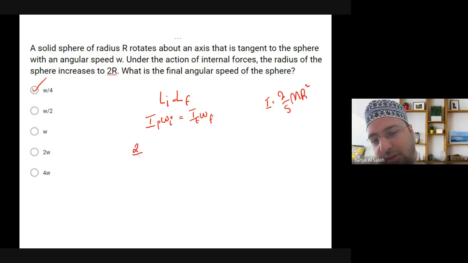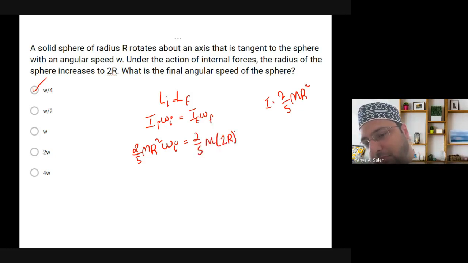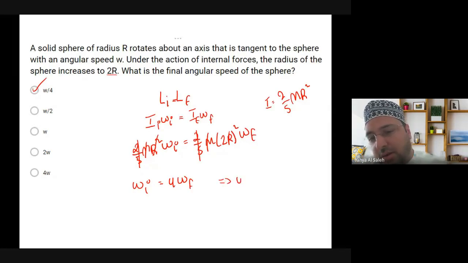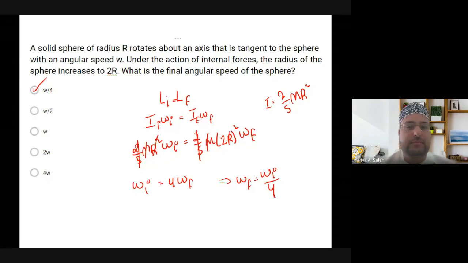So we'll have 2/5 m r squared omega_i equals, it becomes 2r, so 2/5 m (2r) squared omega final. 2/5 and m r squared go away. So we get omega_i equals 4 omega_f. Otherwise, final omega is equal to initial omega over 4. Good.